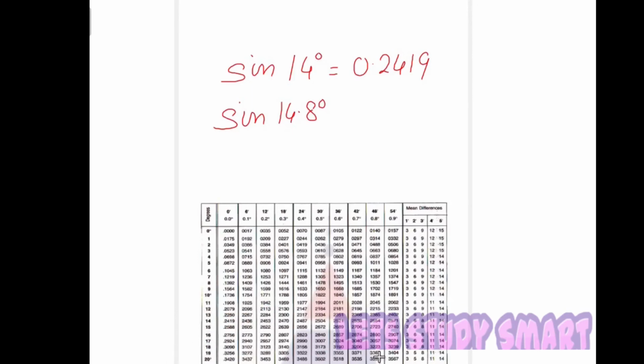So what you are going to do is, again you will take the same row, and now the column of 0.8. Row and column, exactly. So row of 14 and column of 0.8 will give you 0.2554.